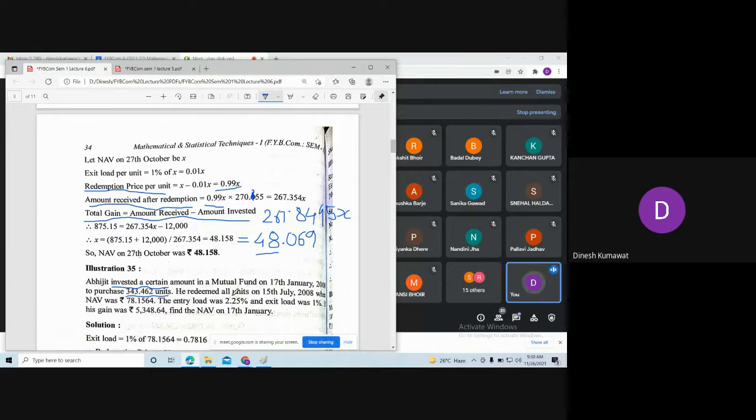He redeemed all units on 17th July 2008 when the net asset value was rupees 78.1564. The entry load was 2.25% and the exit load was 1%. If his gain was 5348.64, find the net asset value on 17th January.